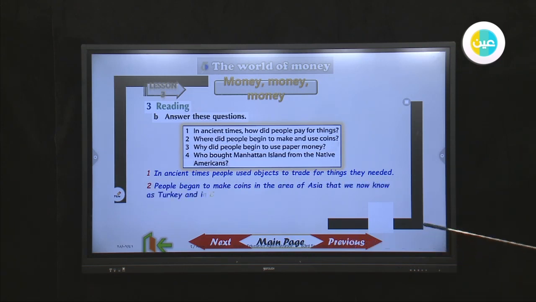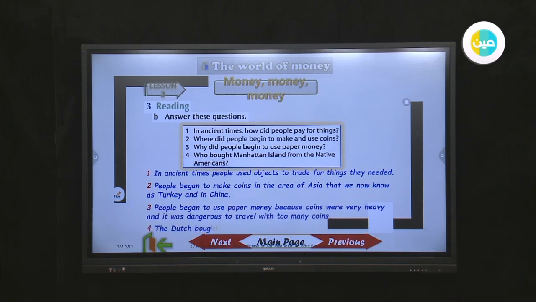People began to make coins in the area of Asia that we now know as Turkey and in China. Number 3, why did people begin to use paper money?